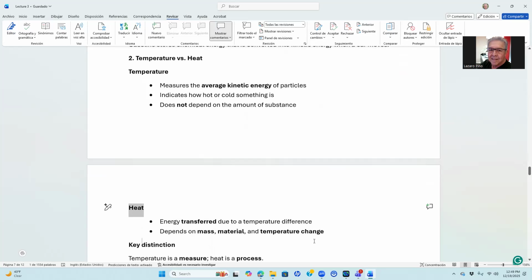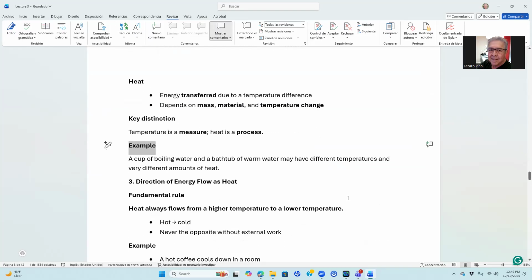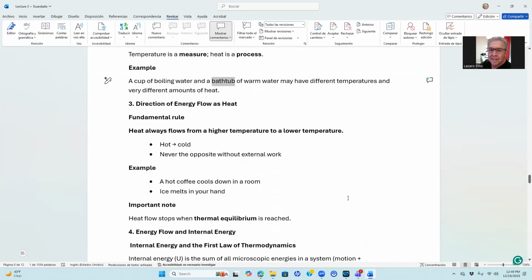Heat is energy transferred due to a temperature difference, and depends on mass, material, and temperature change. Key distinction: temperature is a measure, heat is a process. Example: a cup of boiling water and a bathtub of warm water may have different temperatures and very different amounts of heat.